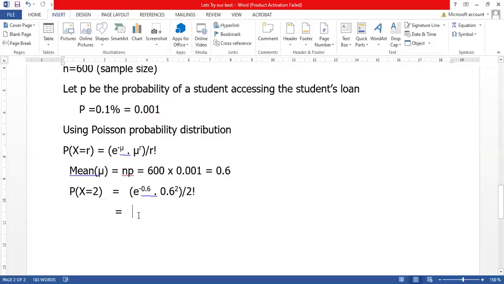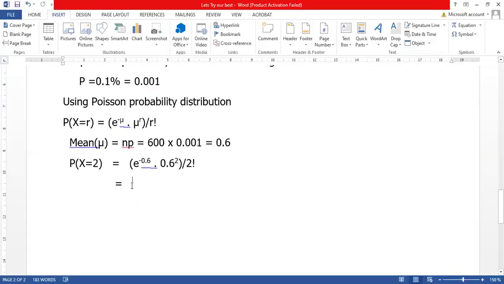So what do you get? 0.0988. Get your calculator. I understand that some of you don't know how to use it. Click shift, then the button where you have ln, and you will see E appearing on your calculator.